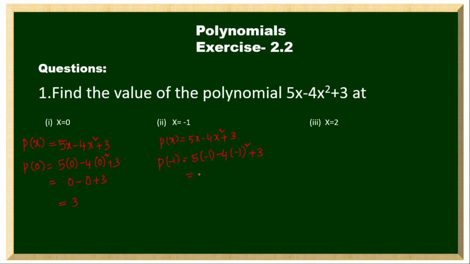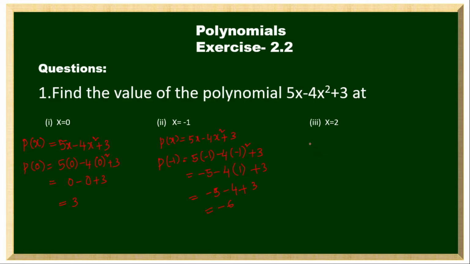So 5 into minus 1 is minus 5, minus 4 into minus 1 whole square, minus 1 into minus 1 is plus 1, right? So 4 times 1 is 4, plus 3. So minus 5 minus 4 plus 3. Minus 5 minus 4 is minus 9. Minus 9 plus 3, minus 6 is the value of this polynomial at x equal to minus 1.